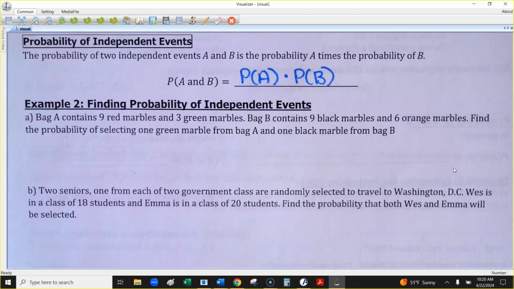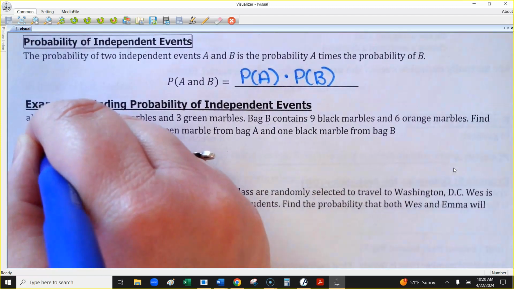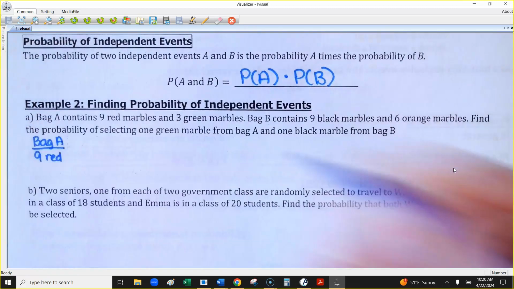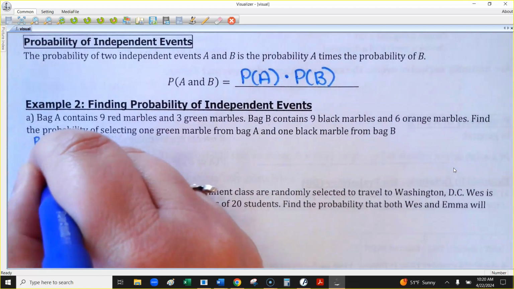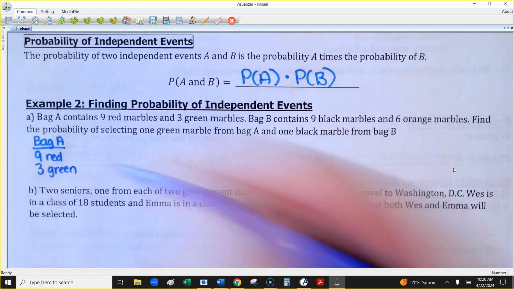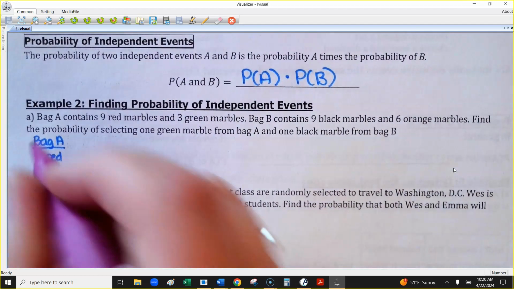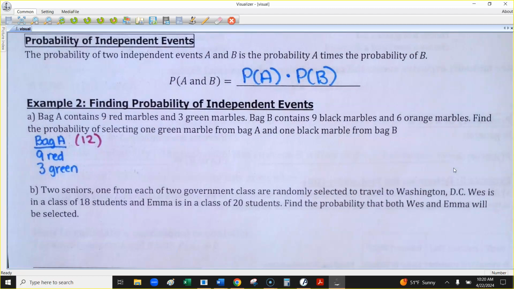Okay, so this says a bag, I might need my calculator for this. Okay, so bag A contains, I'm just going to write this out as I read it. Bag A has 9 red marbles and 3 green marbles, which would be a total of 12 marbles in my bag, right?